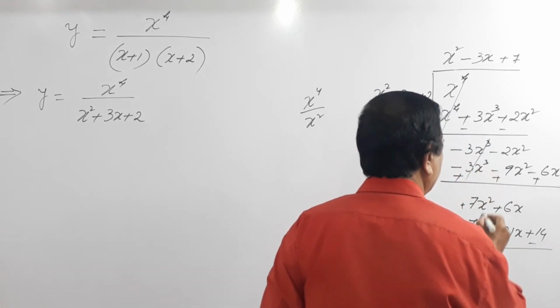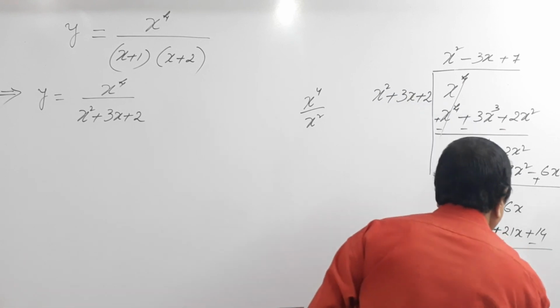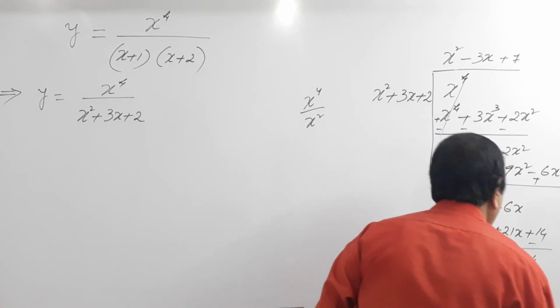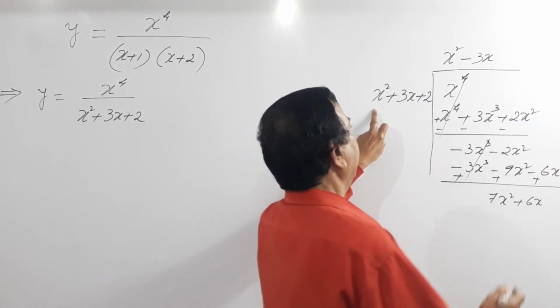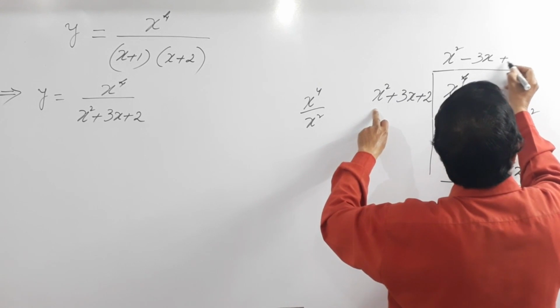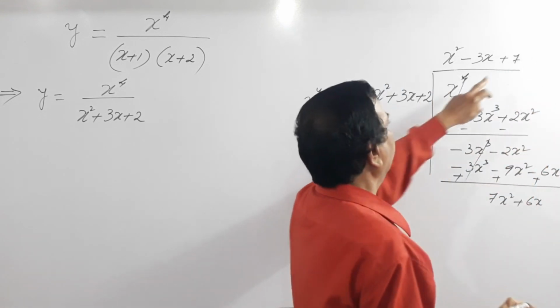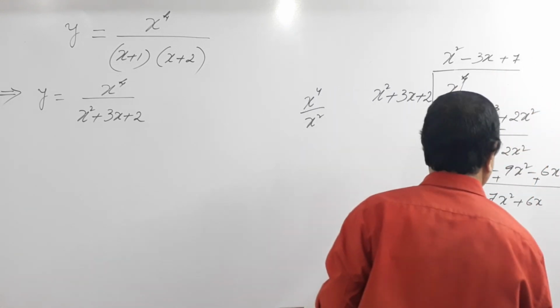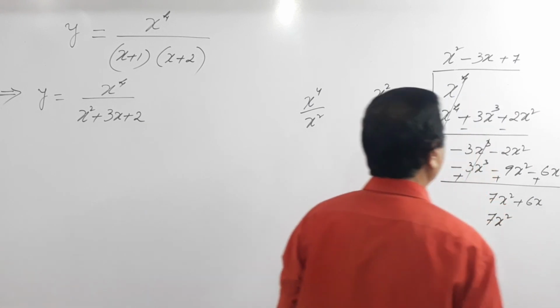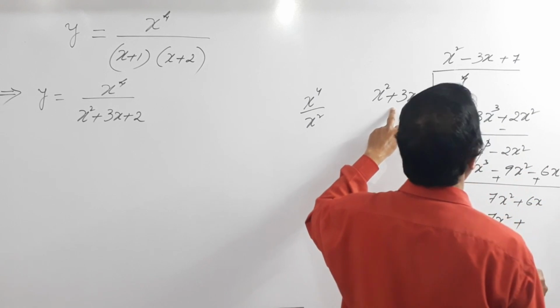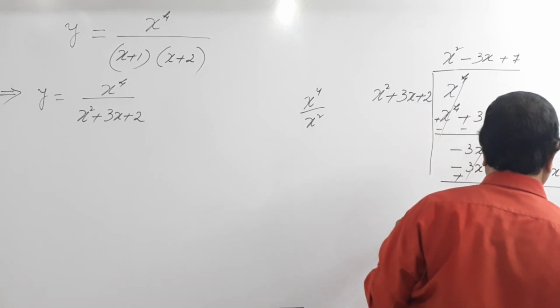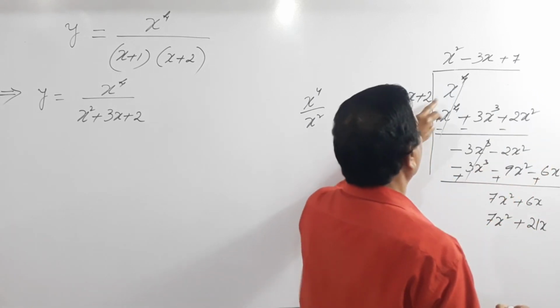So what happens here? This cancels. We have minus 15x minus 14. Now you are left with 7. I'll take plus 7. 7 into x square is 7x square plus 7 into 3 is 21x plus 14.